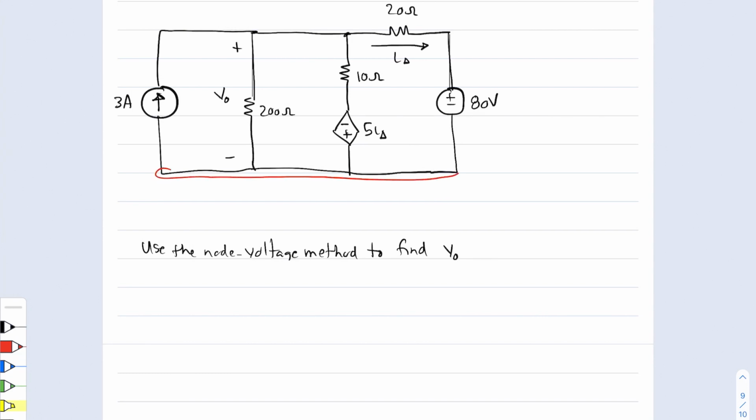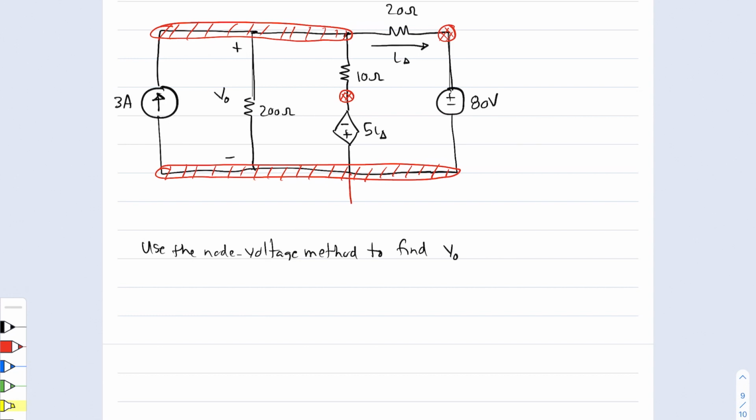Now notice that there is one large node here at the bottom, like this. There's another large node here at the top. It goes like this. There's a node there that's easy to miss, and there's one last node here that's extremely easy to miss. Notice that there's a node there because that is the interconnection between the dependent voltage source and the 10 ohm resistor.